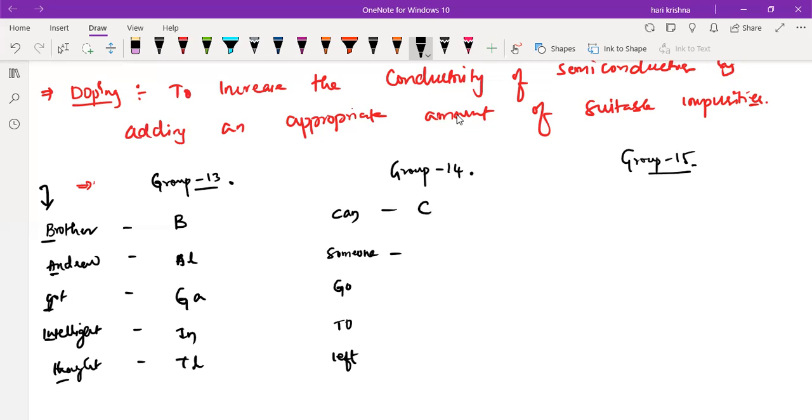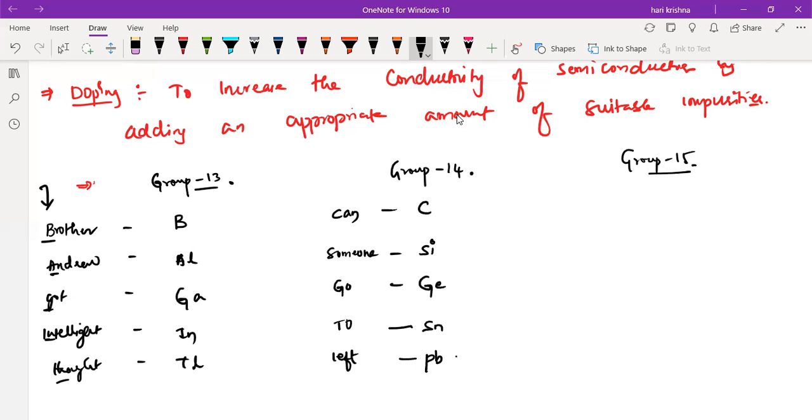Carbon. Next one. S for silicon, G for germanium, T for tin, and L for lead. So carbon, silicon, germanium, tin, and lead. All these are the elements belonging to group number 14.